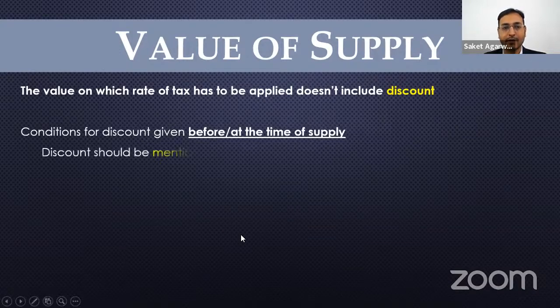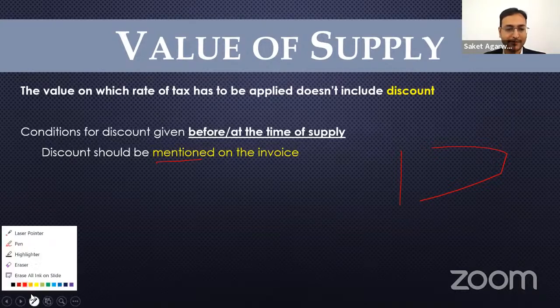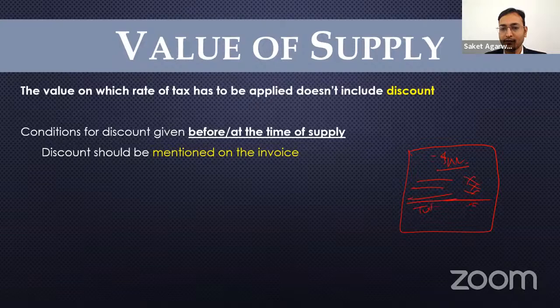Then the condition for minusing discount and then applying GST is the discount should be mentioned on the invoice. That's it. Only one condition. On your invoice, all you have to do is, after mentioning all the amounts and you have total, just mention discount here.